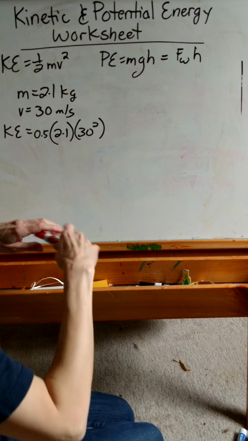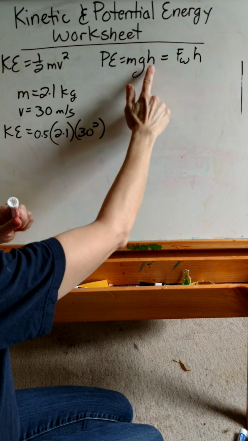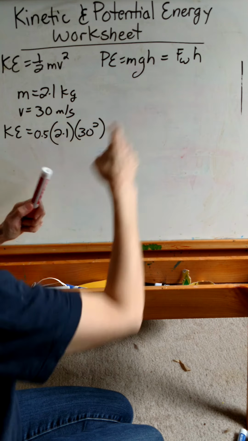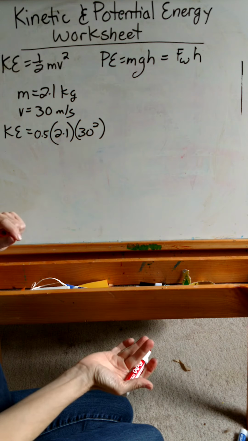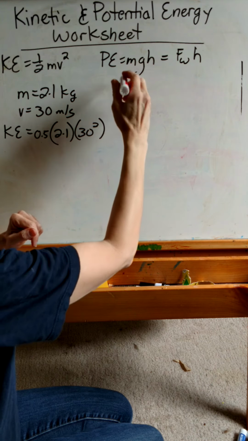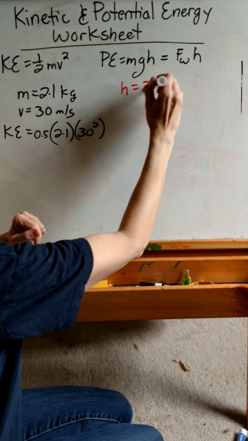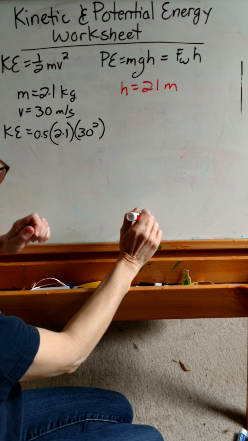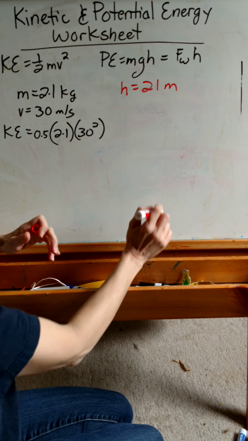In order to do potential energy, we need mass times height, and we already know gravity. Or we need force times height. Let's go through and look at that problem again. They told us the hill is 21 meters high. Well, that's a height, 21 meters. Then they told us the carriage with the baby weighs 12 newtons.